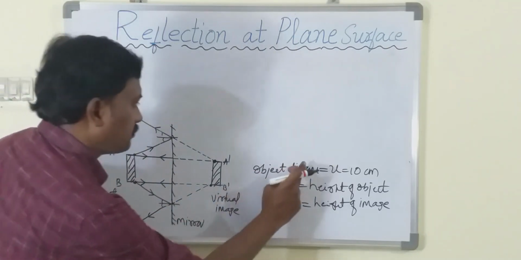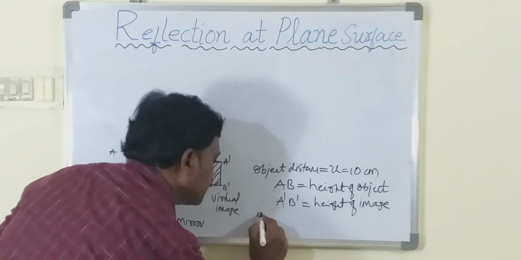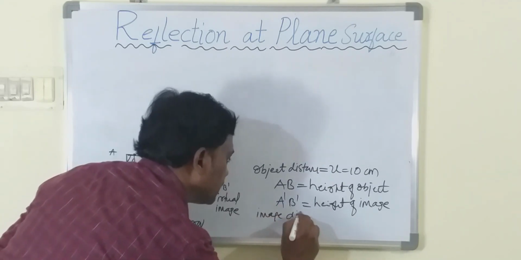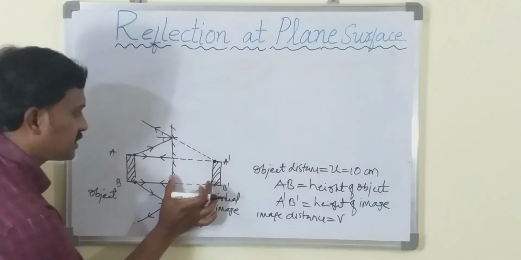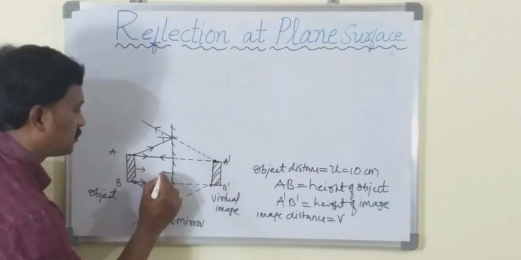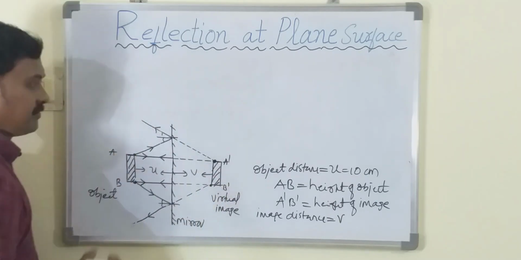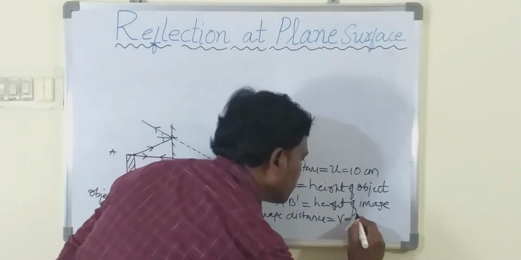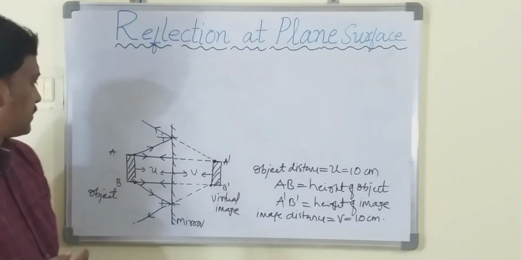And object distance is denoted with U, and next we can denote image distance also. Image distance is denoted with V. So this distance is V. So this is U and this distance is V. If you measure, we can see that the distance is also 10 centimeters.